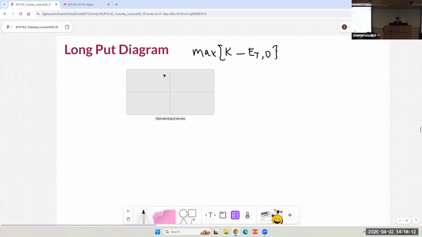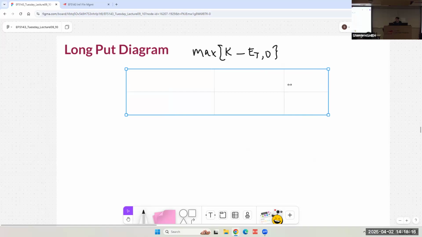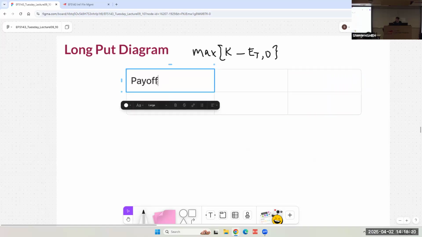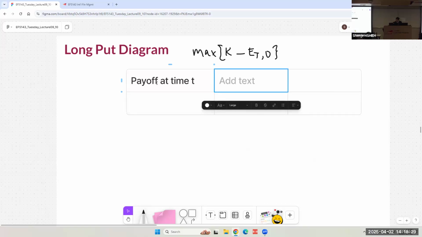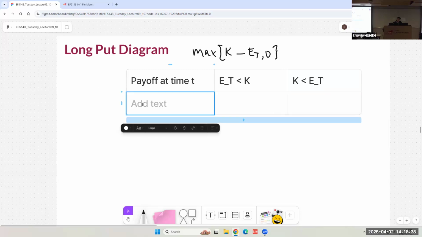Let's do a payoff table. Payoff by time T. ET is less than K, K is less than ET, two states of the world.